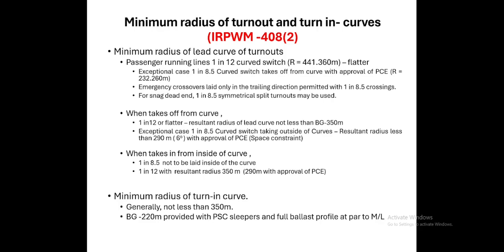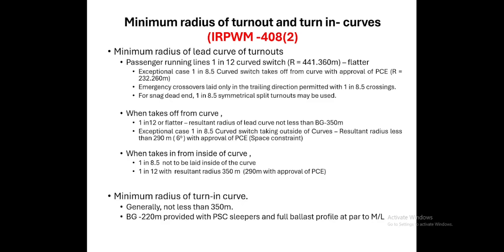Then in case of contraflexure, when points are crossing on a curve and the turnout side takes off from the main line, forming a contraflexure, there are instructions in that case also. You must go for only 1 in 12 or flatter in case of passenger running lines.